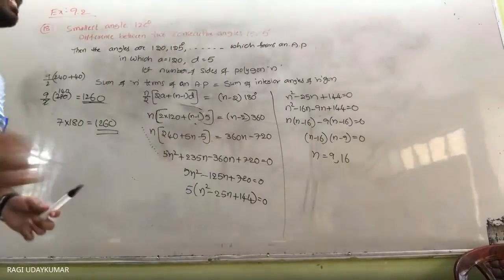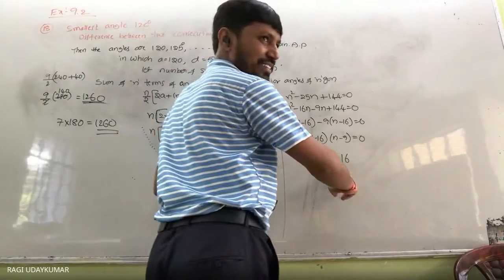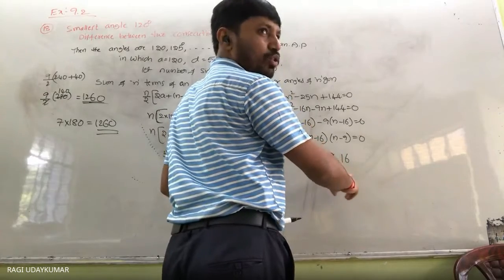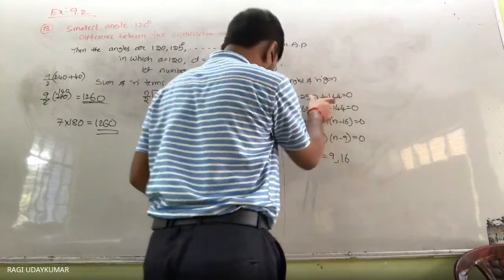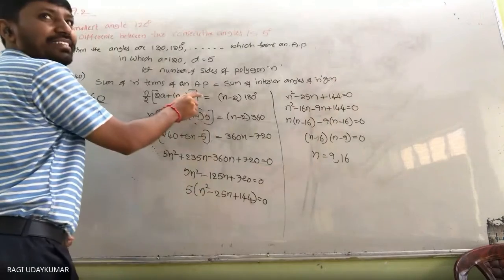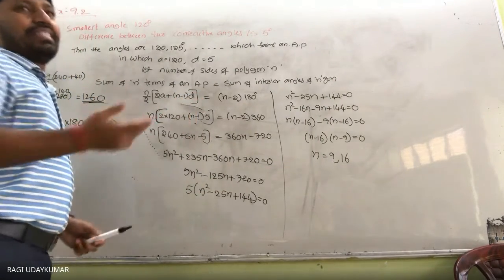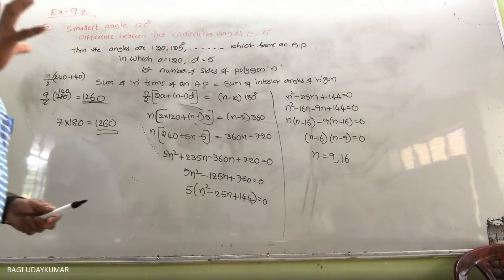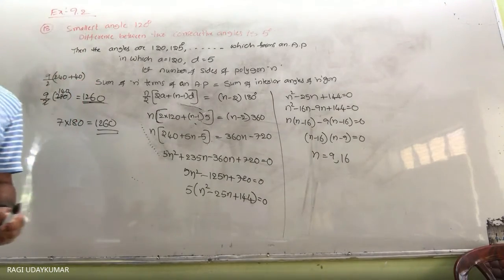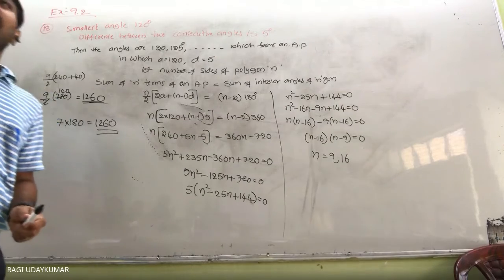See here, what are these numbers? These two numbers are the roots of this quadratic equation. ये quadratic equation किधर से आया? इधर से. In case this is number of the sides of the polygon. Okay.